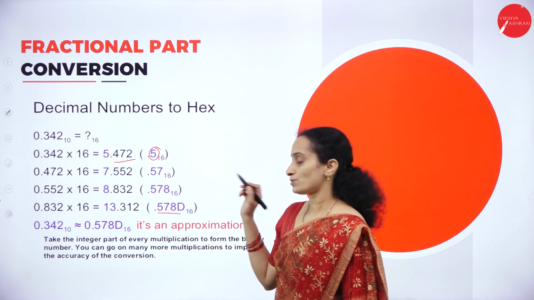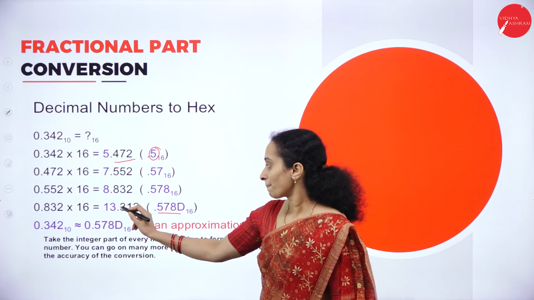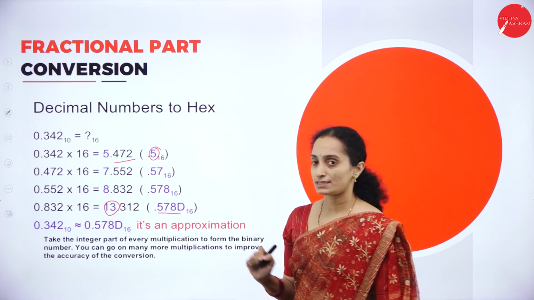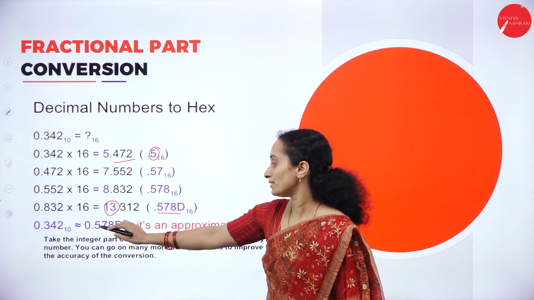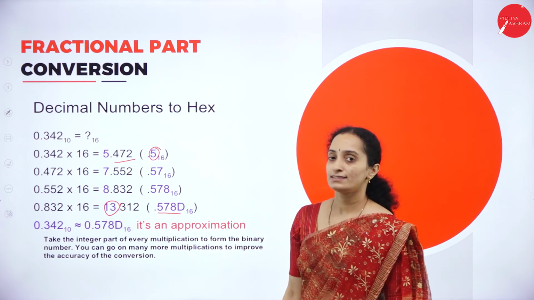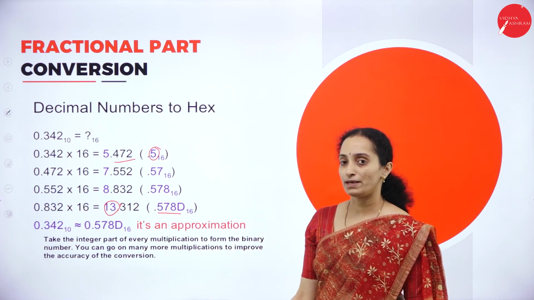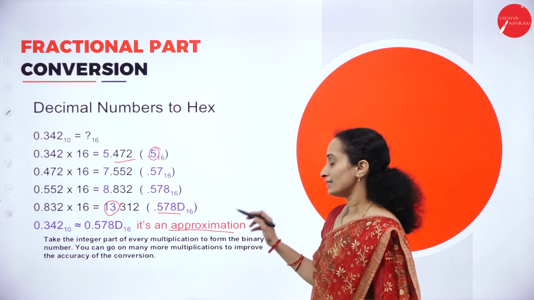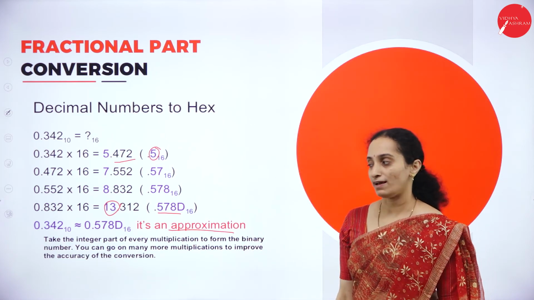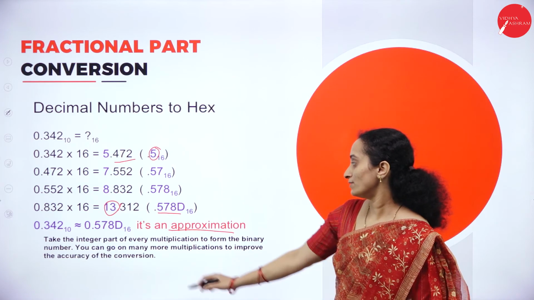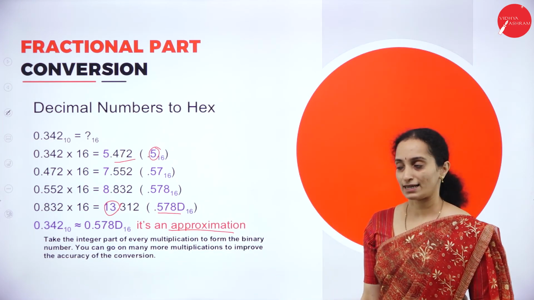We shall stop the conversion at the fourth position. 13 can be represented as D. So, the final value will be 0.578D to the base 16, which is an approximation. So, we have an approximate value, not the exact value. Take the integer part and consider it for the conversion.